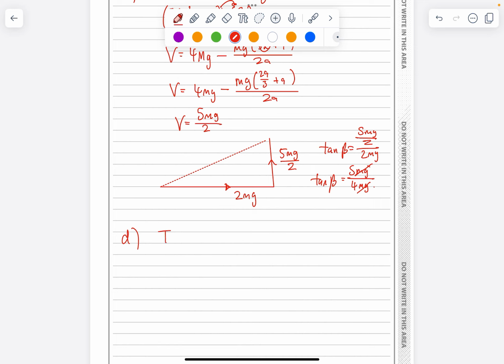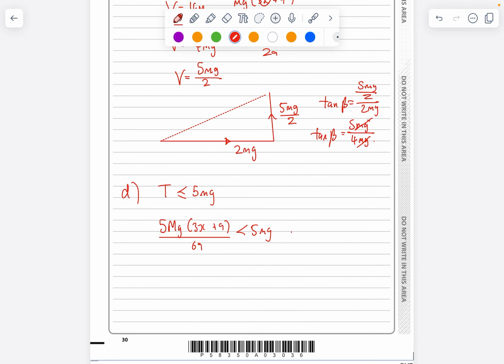So that means that tension has to be less than 5mg. Okay. So now tension, we know what tension is. We worked that out. 5mg, 3x plus a, all divided by 6a, and that has to be less than 5mg. Okay, and then we'll divide through both sides by 5mg.